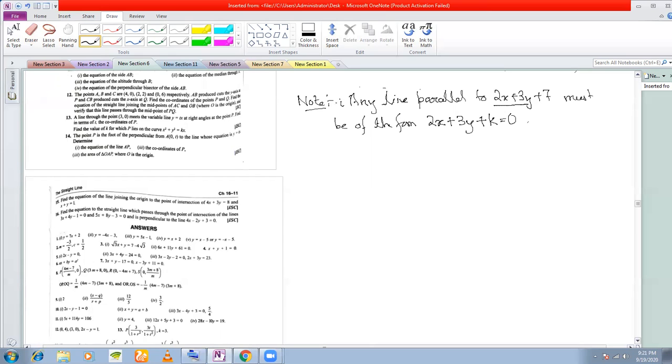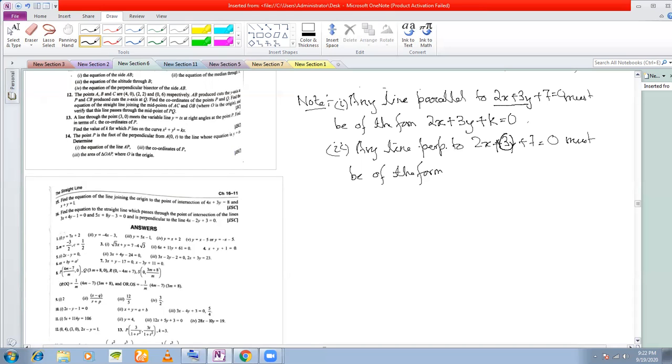And another thing is that any line perpendicular to 2x plus 3y plus 7 equal to 0 will change in form: the sign and the coefficients will change. What you do here is, you have the y coefficient here, 3, right?